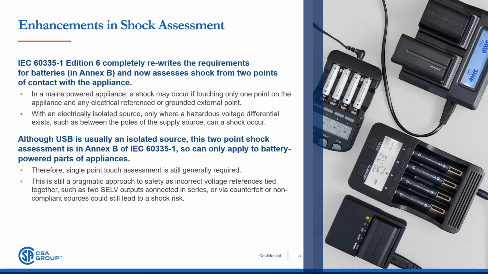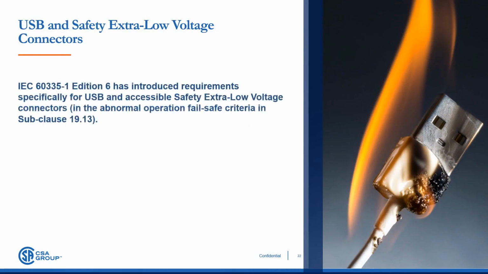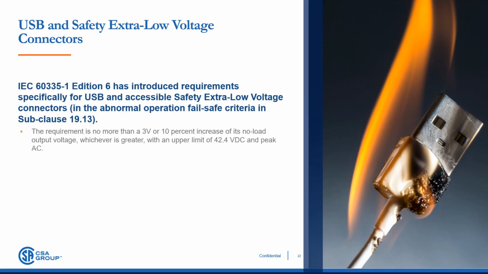The 6th edition of IEC 60335-1 has introduced the first explicit requirement for USB. It now requires both USB and accessible safety extra low voltage connectors to maintain voltage levels within a 3 volts or 10% increase of its no-load output voltage, with the maximum voltage limit being 42.4 volts DC and peak AC.